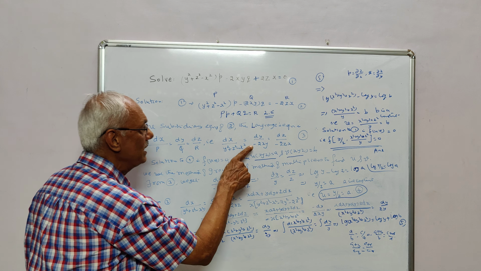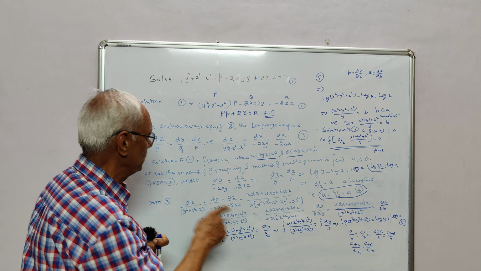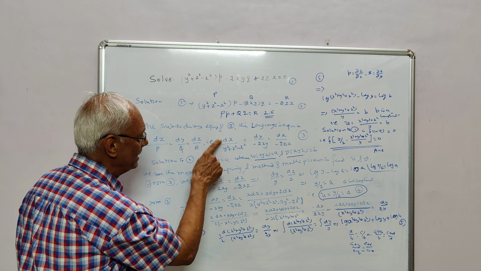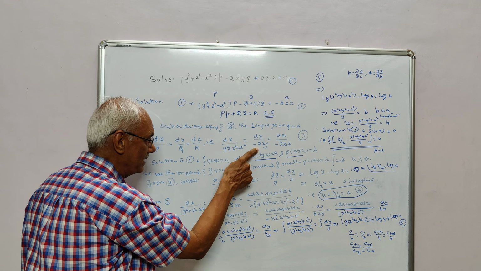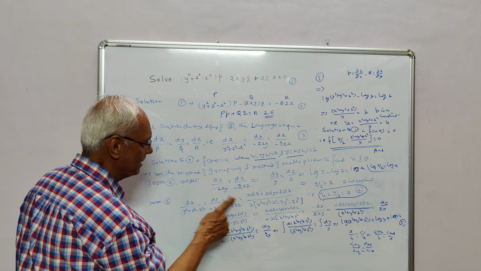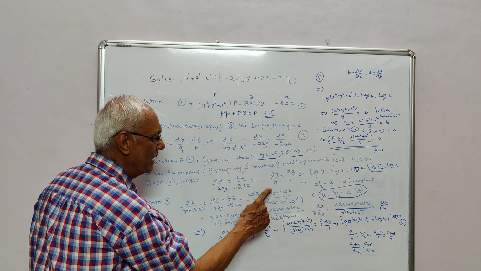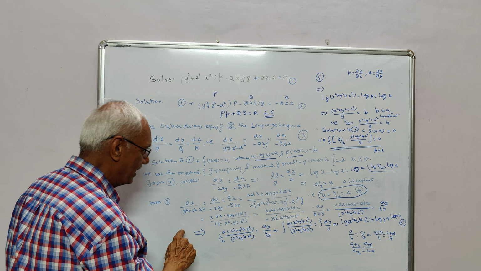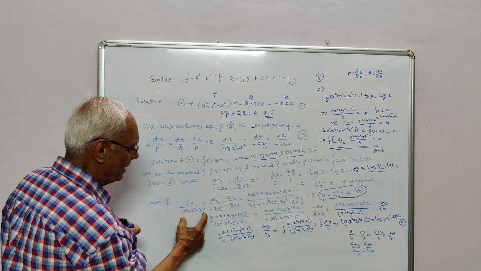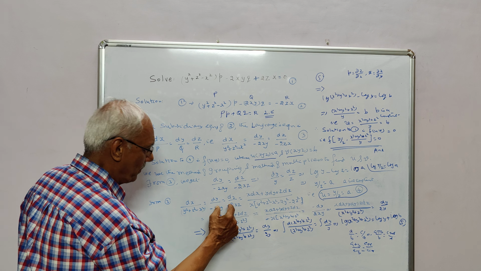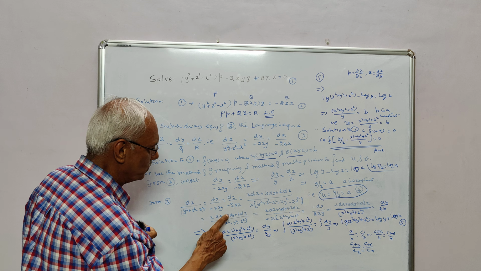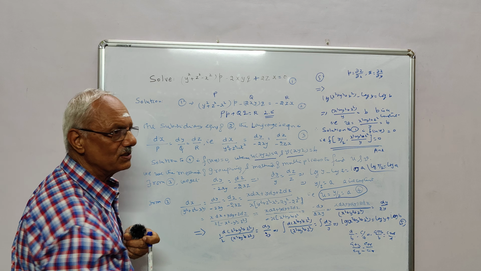So each ratio dx by this is equal to dy by this is equal to dz by this is equal to x into dx plus y into dy plus z into dz divided by x into y squared plus z squared minus x squared, plus y into minus 2xy plus z into minus 2xz.